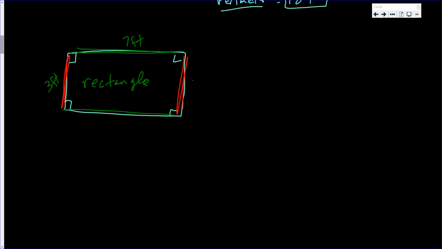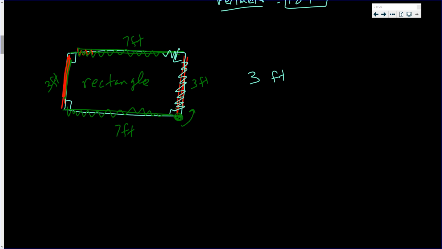Well, like I said, this has to be the same length as this piece. And this 7 feet must be the same as this 7 feet. So we pick a point. We go in whatever direction we want. This time I'll go that way. So first we encounter 3 feet.